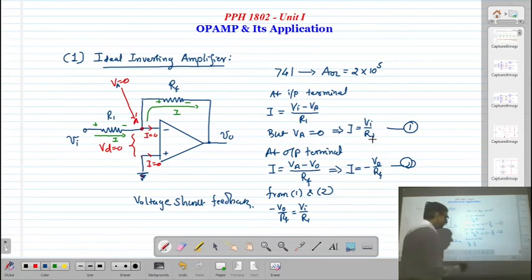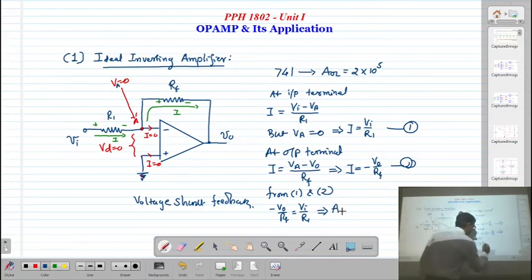Therefore, the gain of the amplifier, remember, here we have a closed loop gain because we have connected the feedback. So the path is closed. Therefore, whatever gain we obtain is a closed loop gain. So ACL is VO by VI, and that is minus RF by R1.